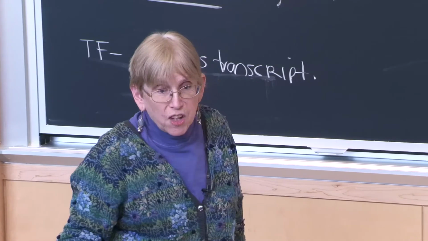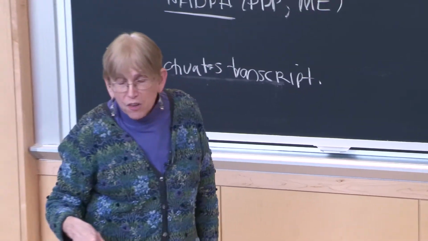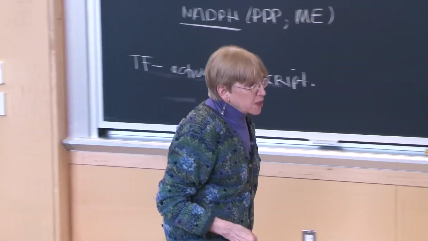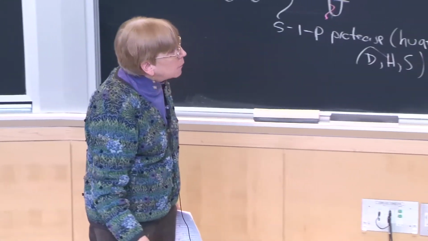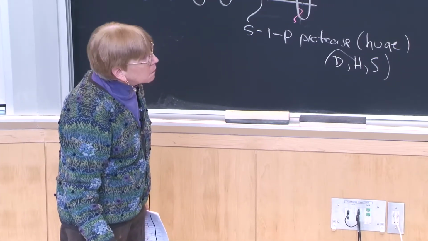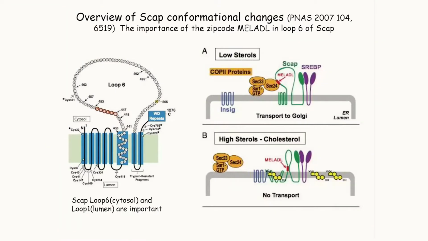This now sets the stage for you to solve problem set 7 that's due. Because the key question you want to ask yourself is, how do we know about the structure of SCAP?